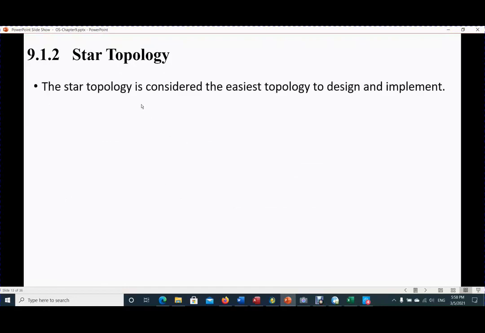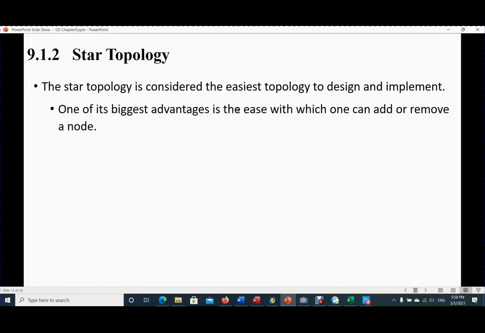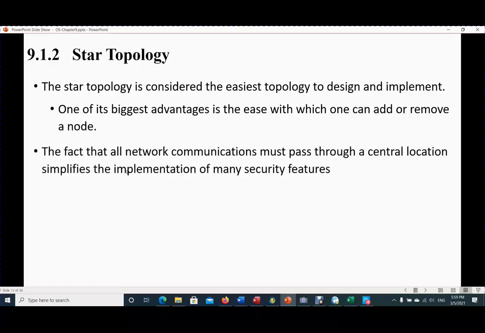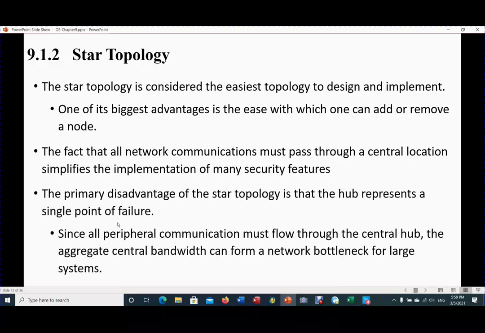The star topology is the easiest topology to design and implement. One of the biggest advantages is that it's easy to add or remove a node. And the fact that all the communications has to pass through a central location makes it easier to implement lots of security features.